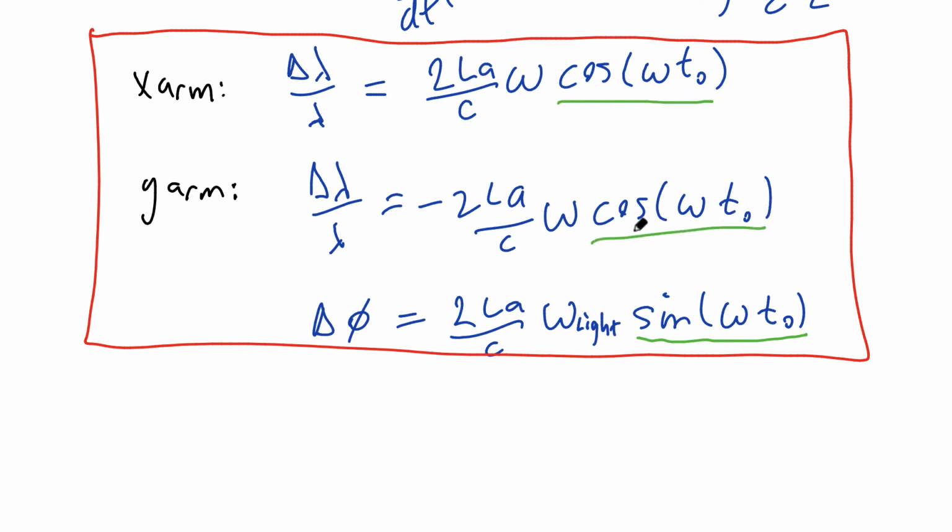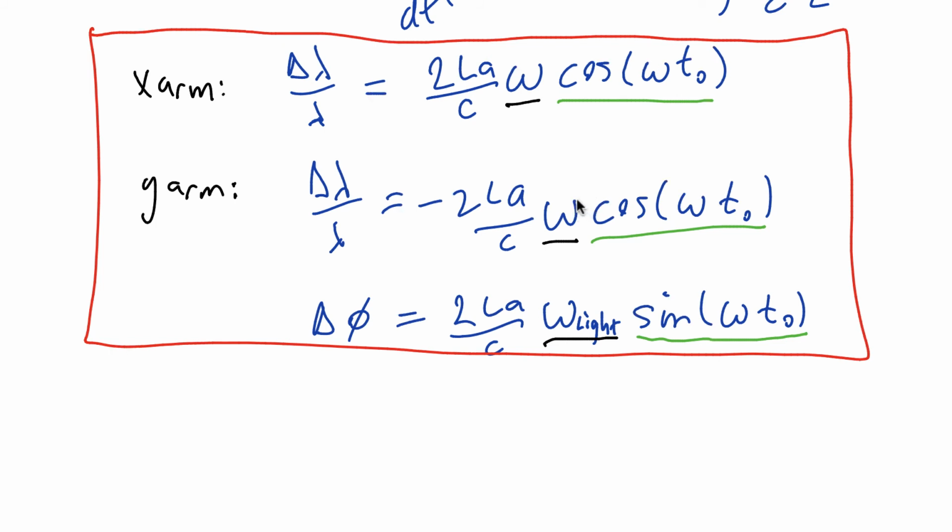The other key difference in these results is that the change in phase depends on the angular frequency of the light, whereas the change in wavelength is proportional to the angular frequency of the gravitational wave. Now, the frequency of the gravitational waves from binary black hole and neutron star collisions, the events that the ground-based interferometers are designed to detect, is around a few hundred hertz.